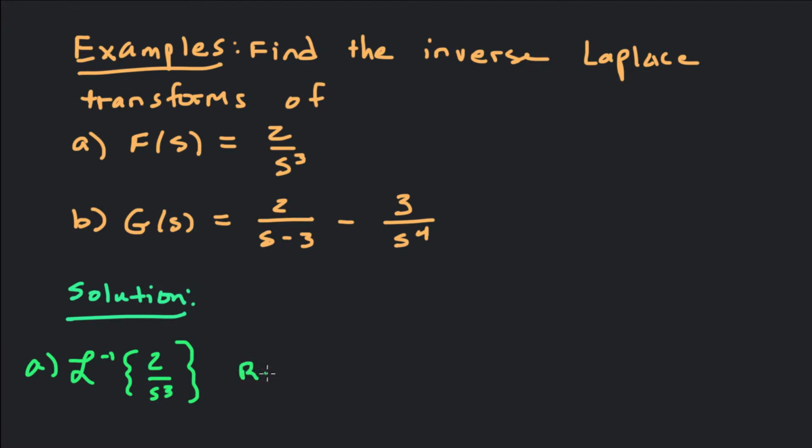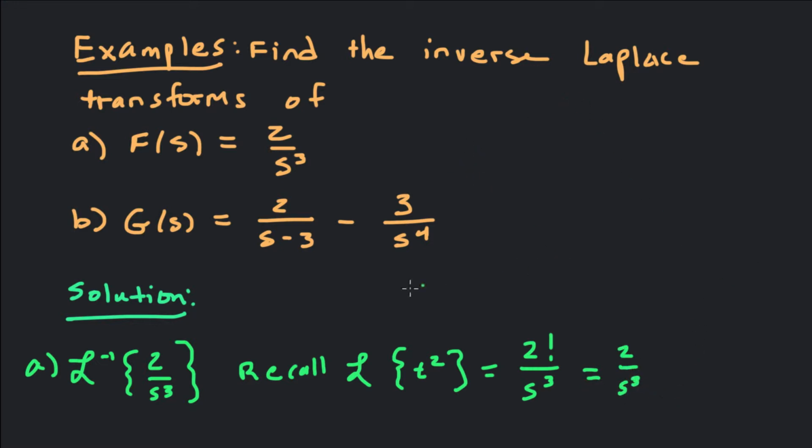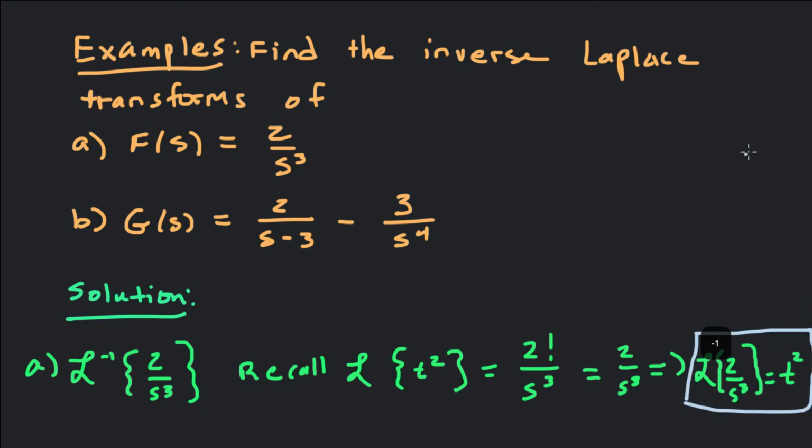Recall that the Laplace of t squared is equal to 2 factorial over s to the 2 plus 1, which is 3, so that's just 2 over s cubed. That tells us that the inverse Laplace of 2 over s cubed is t squared.